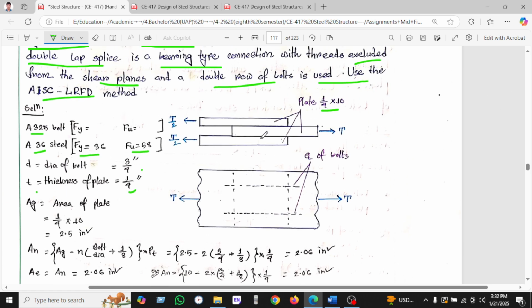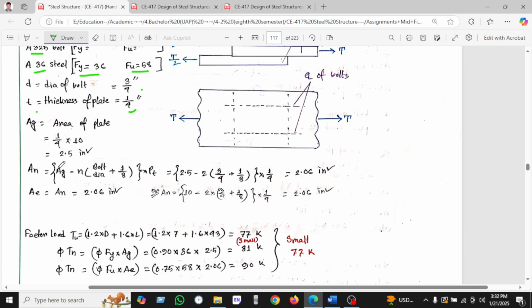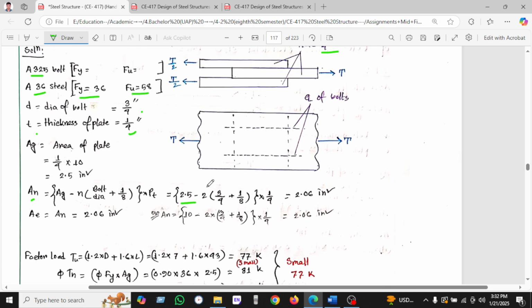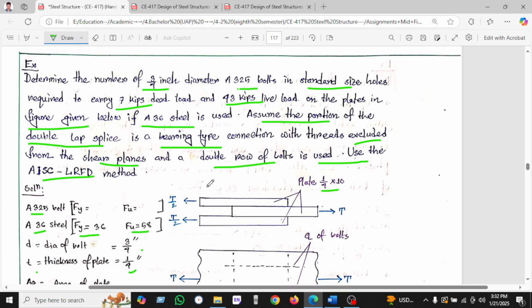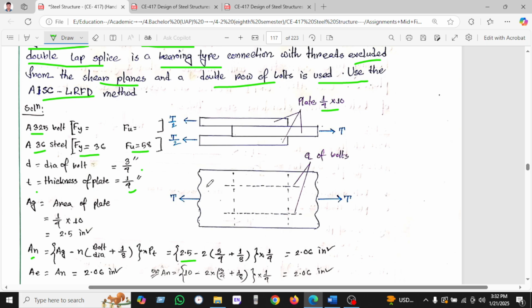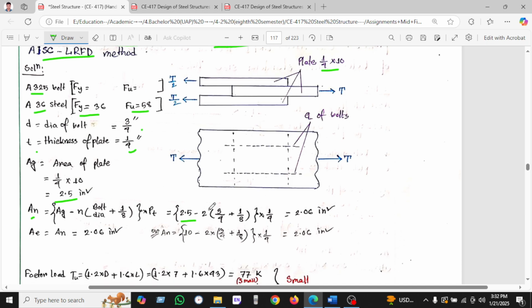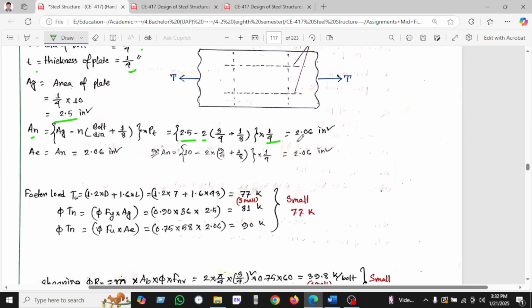We have assumed 2 bolts and plate thickness 1/4, and found 2.04. So Ae equal to An, which we have taken as 2.06.